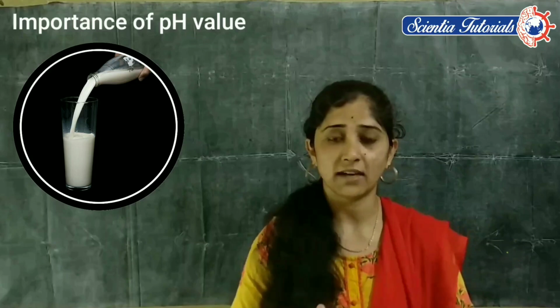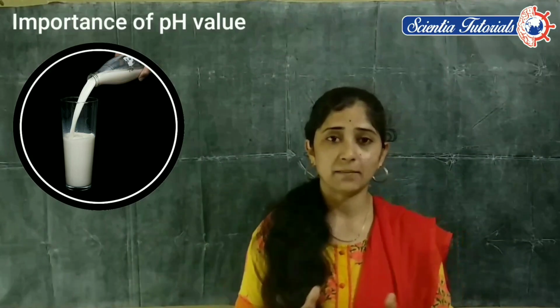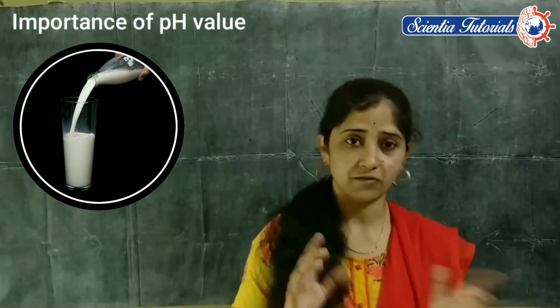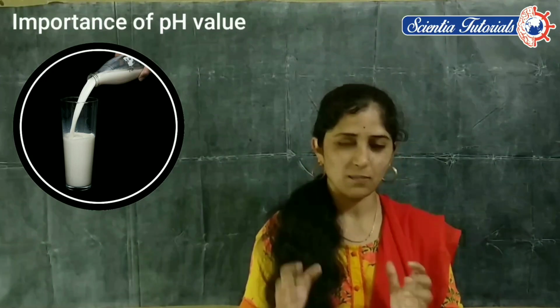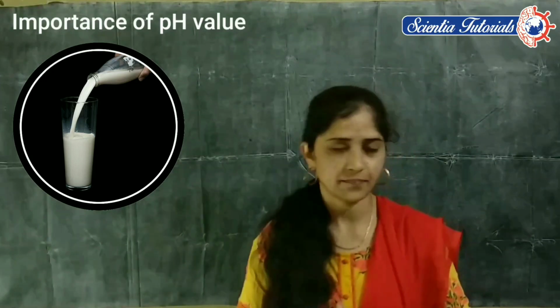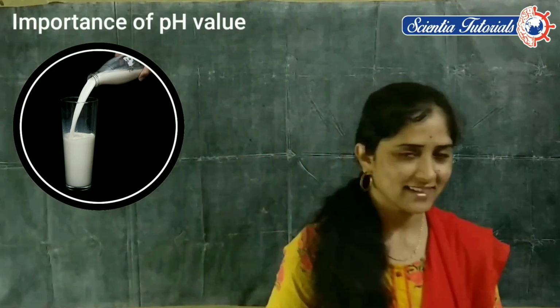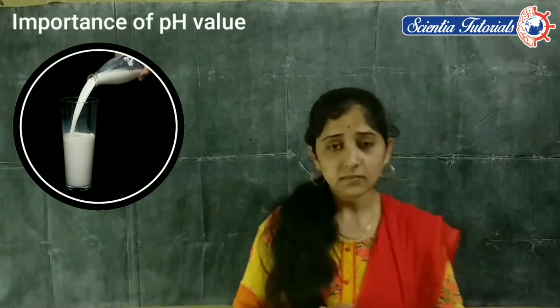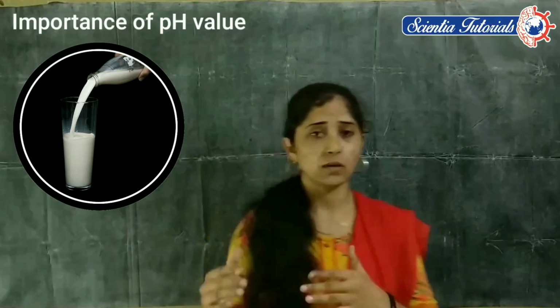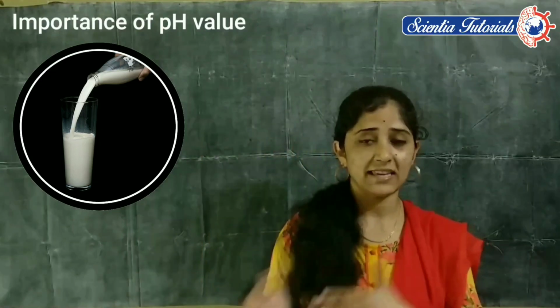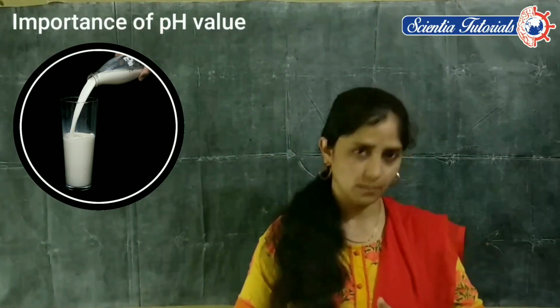So for that purpose the milkman adds baking soda to keep the milk always fresh. You might have understood this concept. To neutralize the pH value, he is adding baking soda to the milk.